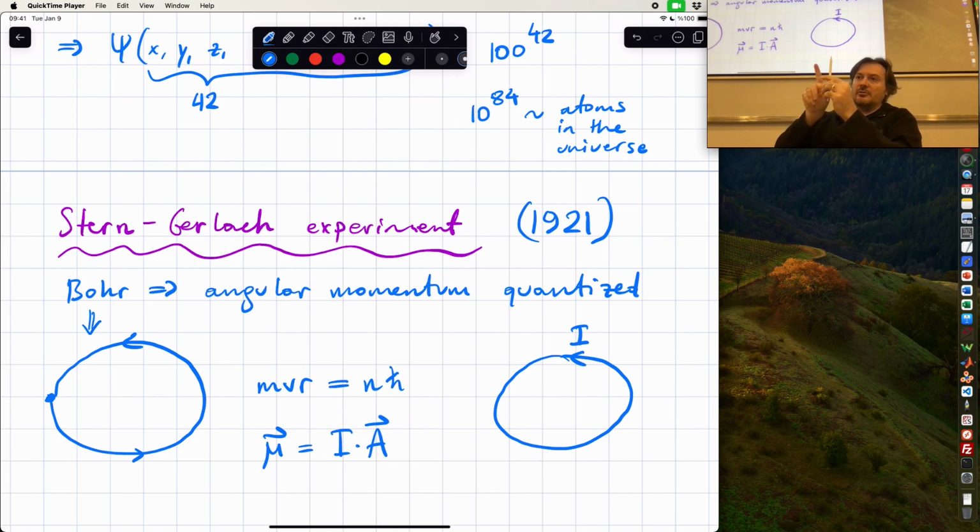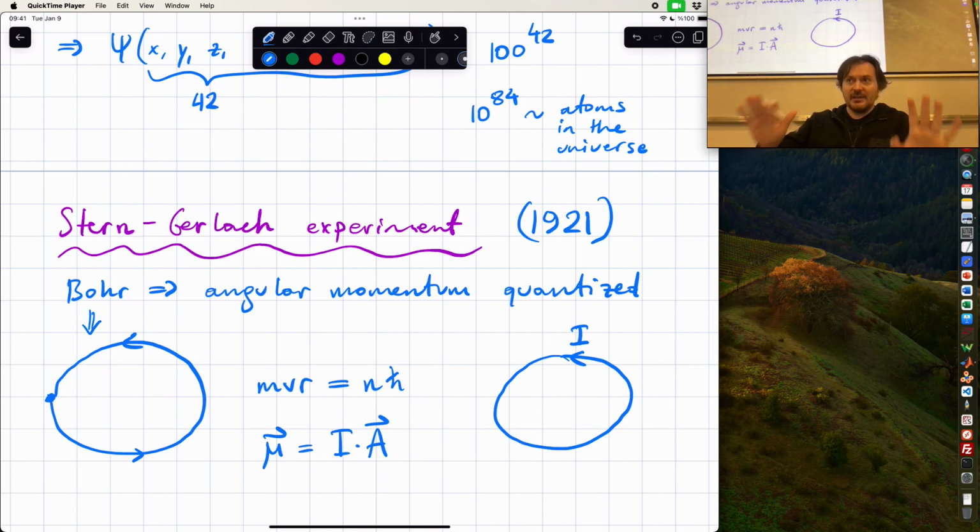So the electron, since it's a negative charge, would actually be rotating backwards, not this way, but that way. The electron would rotate around the magnetic field like this. But this is just precession. Precession means not moving like this, but turning. So the electron would arrange its own orbital so that it aligns with the magnetic field. So far, so good?